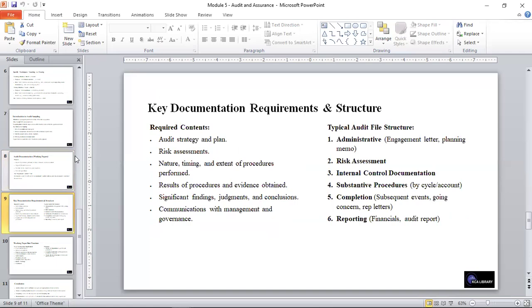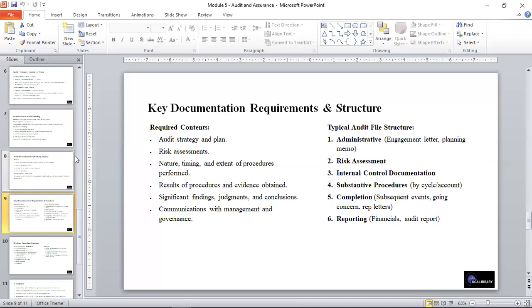We have key documentation requirements and structures. What is required as per the content? The first one is audit strategy and plan. Second, risk assessments. The nature, timing, and extent of procedures performed is very important. The result of procedures and evidence gathered is another one. The significant findings, judgments, and conclusions. And lastly, the communication with management and those charged with governance.